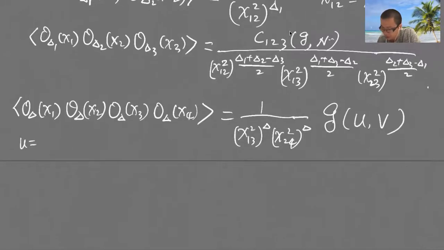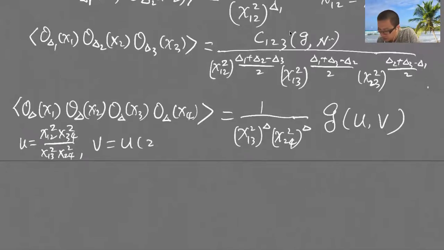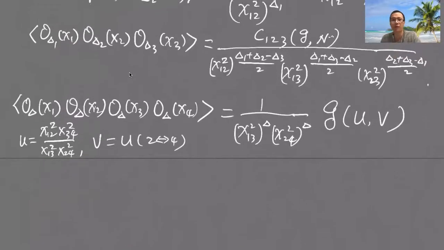U is defined by x1,2 squared, x3,4 squared over x1,3 squared, x2,4 squared. And similarly, V is equal to U with 2 and 4 exchanged. So indeed, at higher points, conformal symmetry cannot fix the correlator, but nevertheless it simplifies a lot. In the 4-point case, it's a function of 2 variables only.